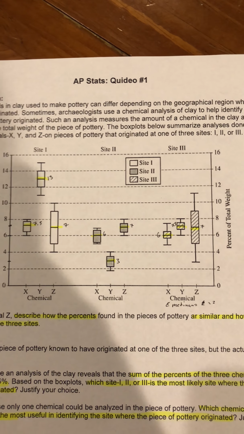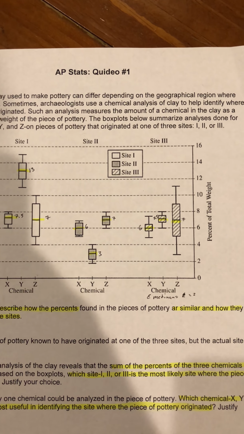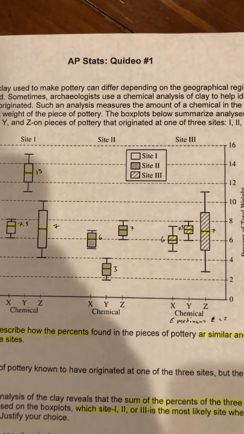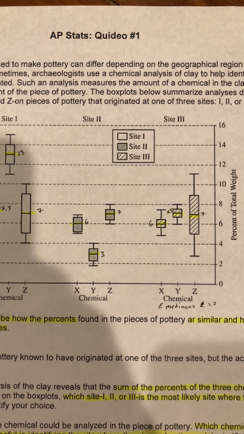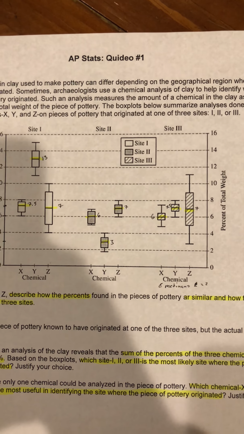Now for the differences. So since site 1 and site 3 have the same interquartile range, we can look at site 2 and notice that the interquartile range there is a lot smaller because quartile 1 and quartile 3 are in a different spot.